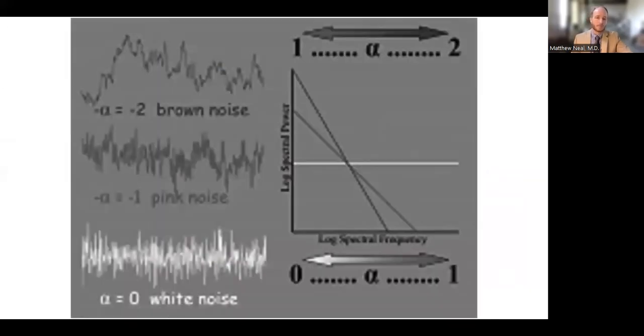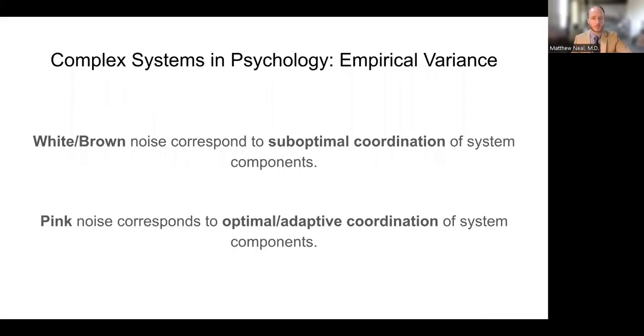Pink noise is in that sweet spot, with an exponent of less than 2. Essentially, white or brown noise in the data collected from a system corresponds to suboptimal coordination of its components, whereas pink corresponds to optimal or adaptive coordination.